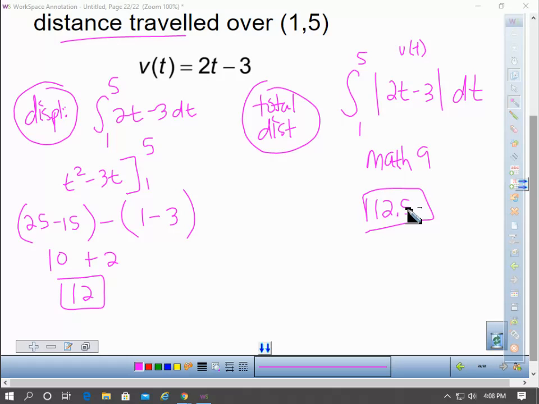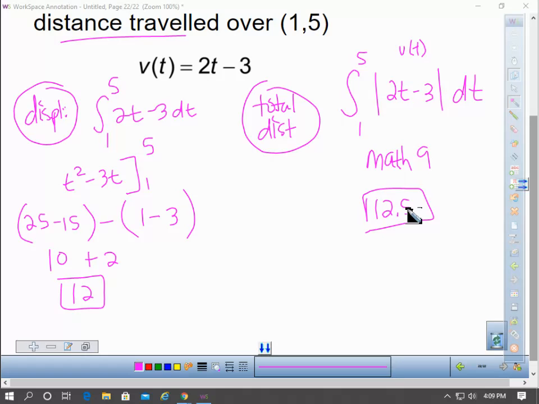So I actually traveled 12.5 as opposed to just 12, if that makes sense. I doubled up on a little portion, a fourth of a unit twice.